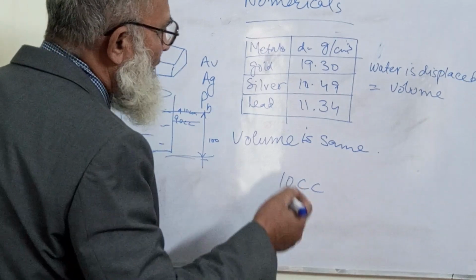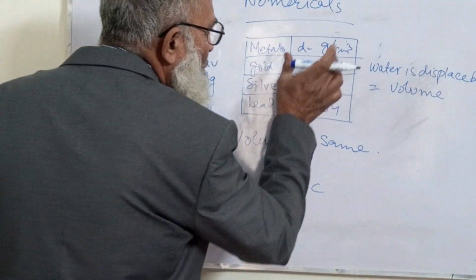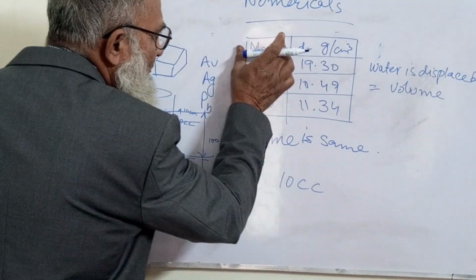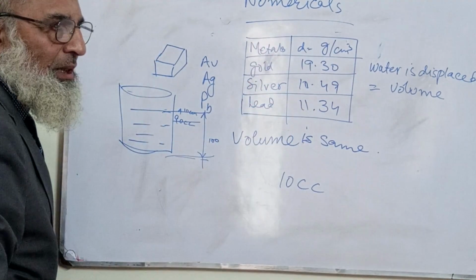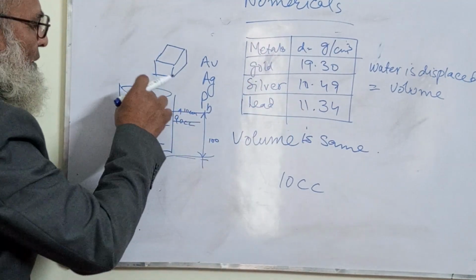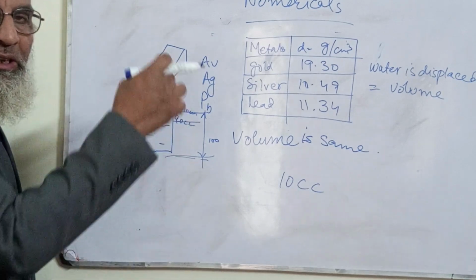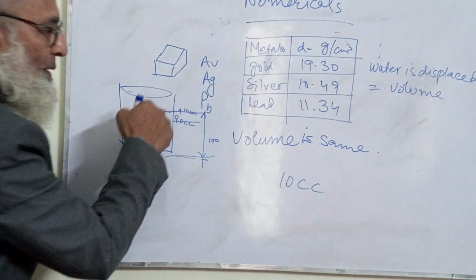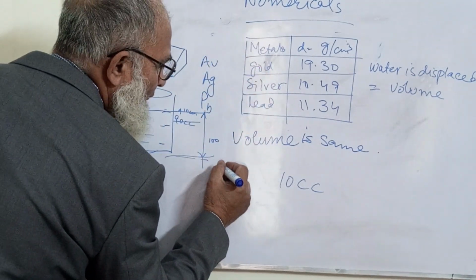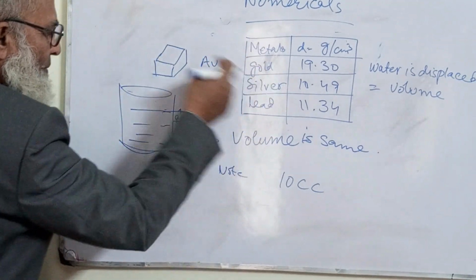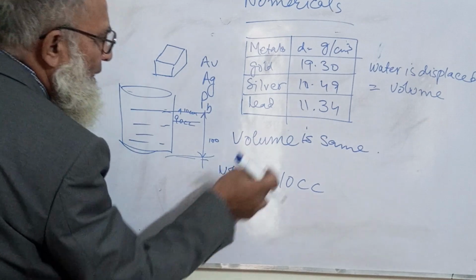Understood now? When the volume of each metal is equal, you just drop gold, bring it back, note the reading. Drop silver, note the reading.